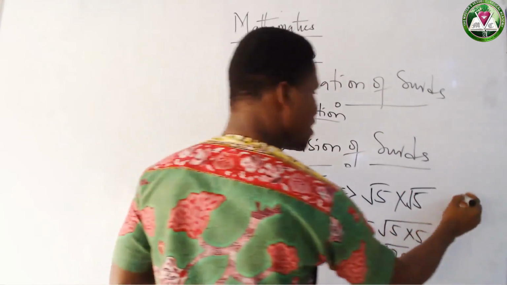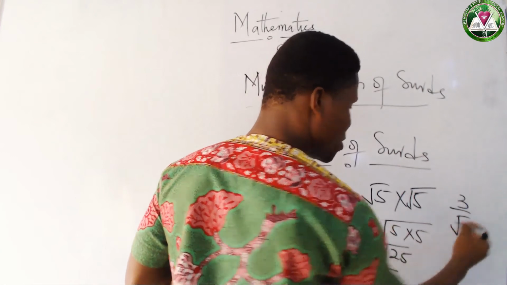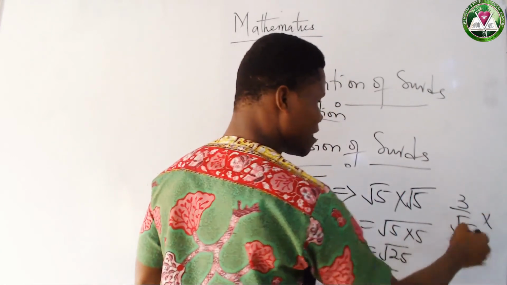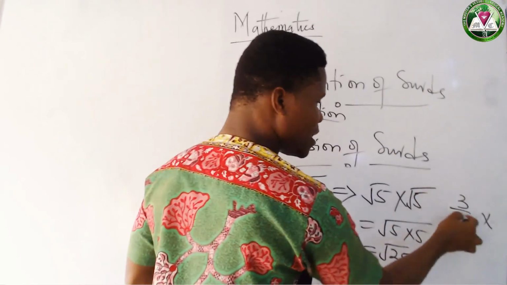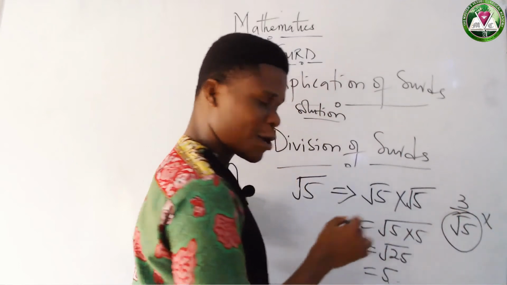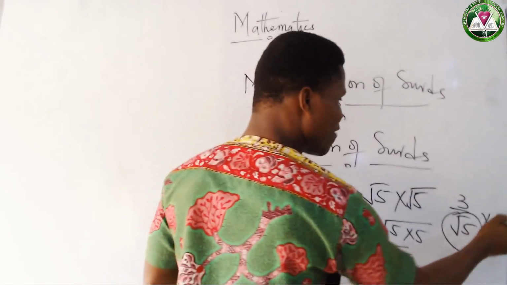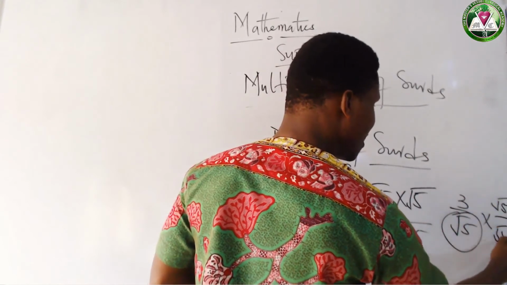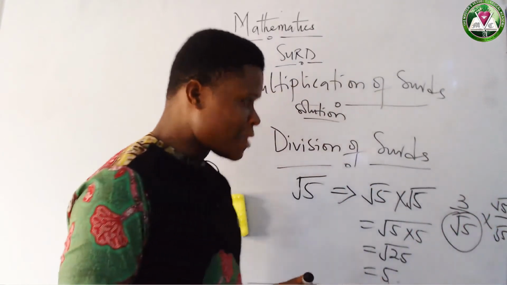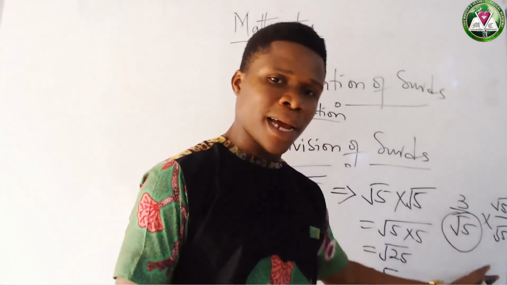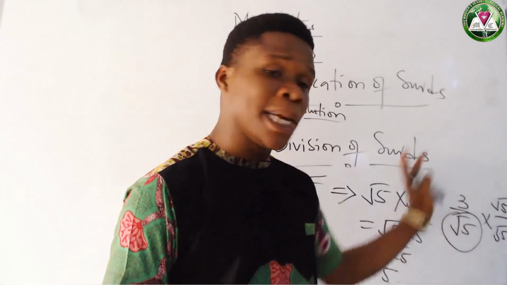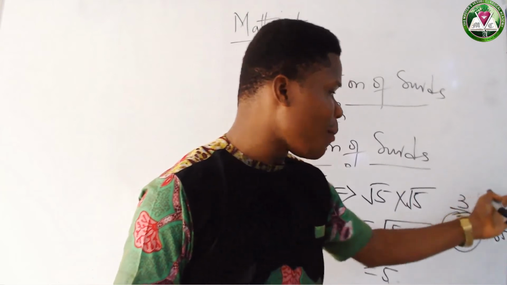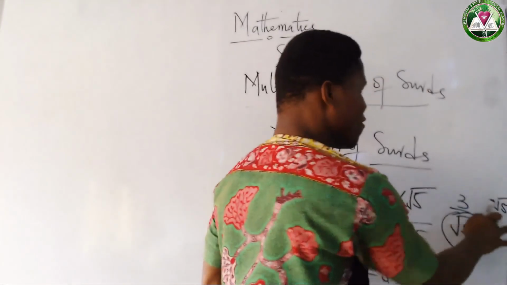Assuming you have 3 root 5 now, and you want to rationalize it, you multiply with this surd part. You use this root 5 to multiply up, and also use it to multiply down, so that you will not change the question. If you multiply only up, if you just say times root 5, you have changed the question.